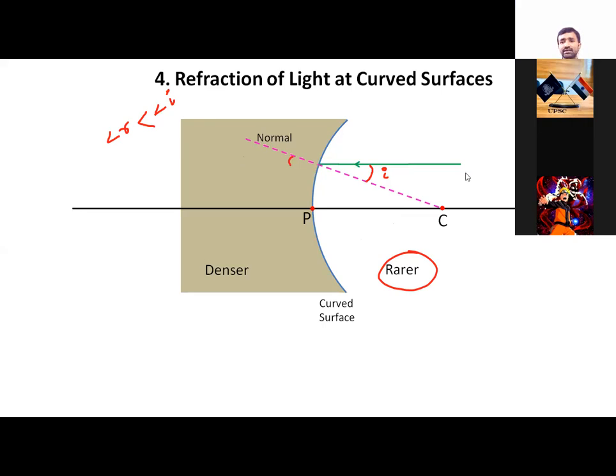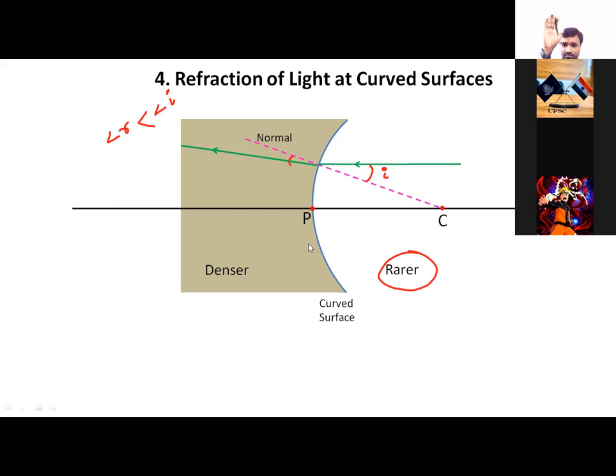So connecting that, is it going to meet the principal axis? Coincides with the principal axis after refraction? No, it does not meet, right? It doesn't meet the principal axis here. So it bends towards the normal.